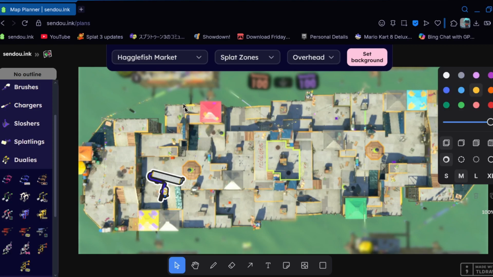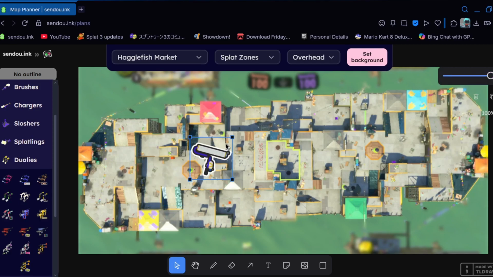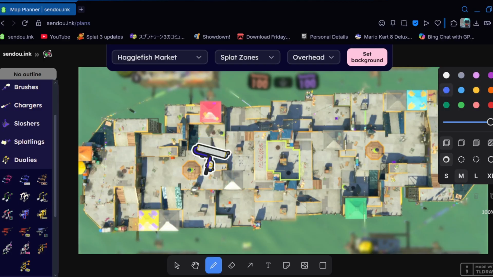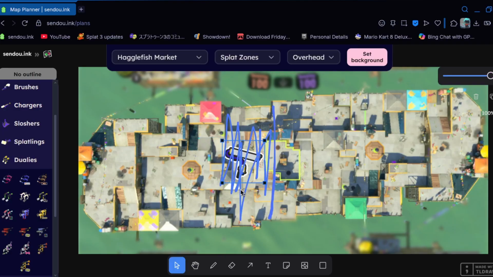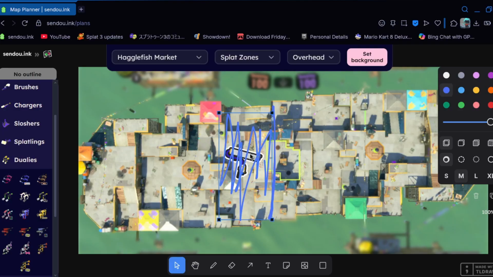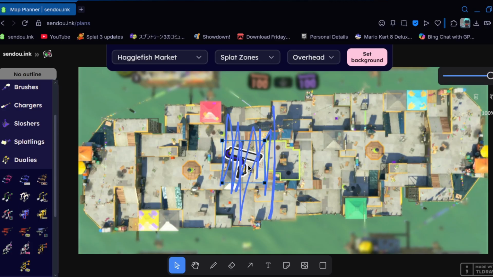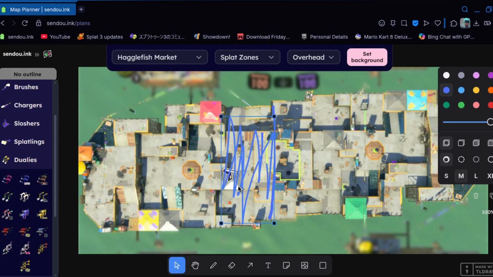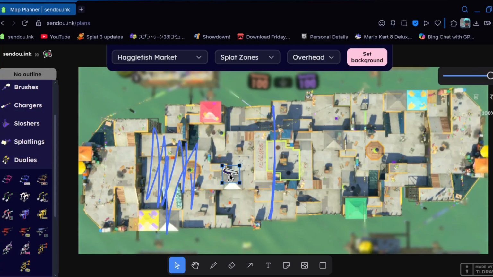And with roller, the main way it uses that is by sharking. Let's say we have this bit covered and we have our roller sharking in the ink. We may know where our roller is in this ink, it is getting annoying.